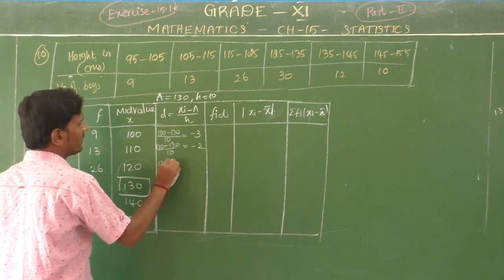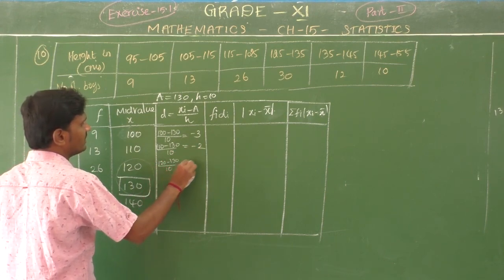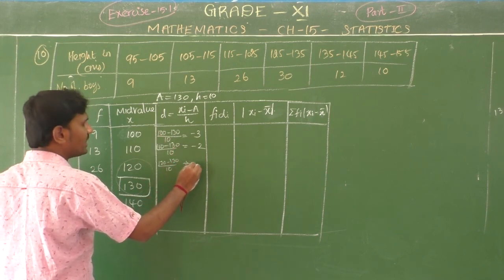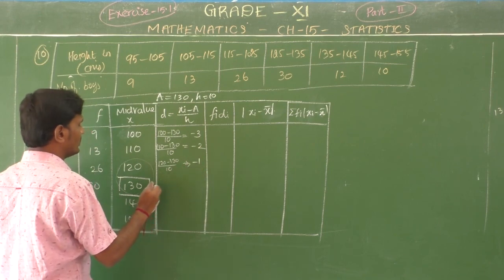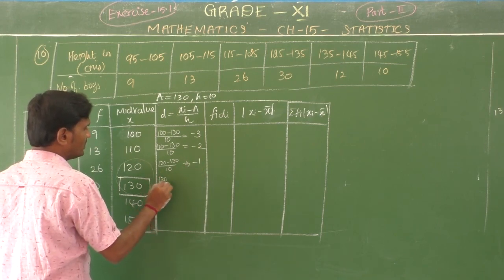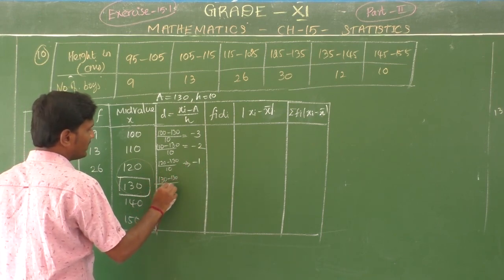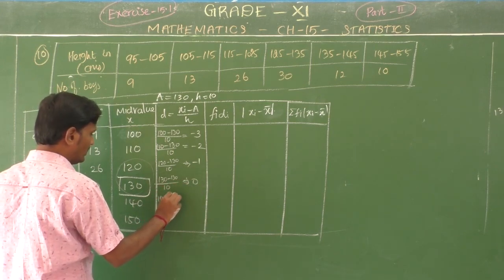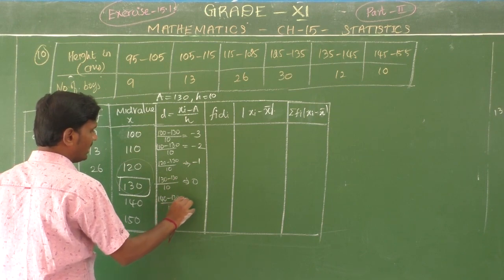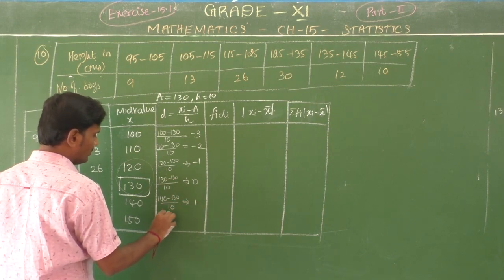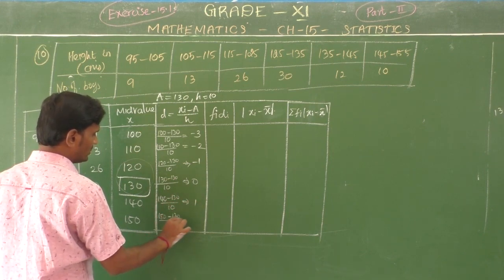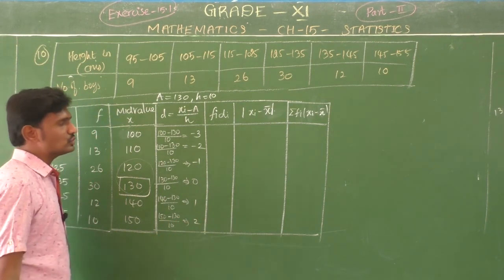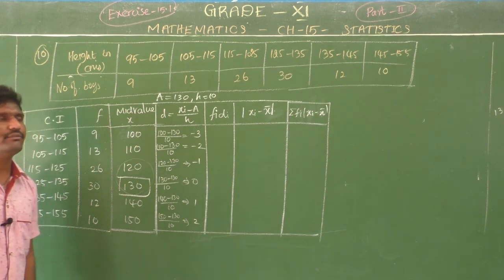Then 120 minus 130 divided by 10 is minus 1. Then 130 minus 130 divided by 10 is 0. Then 140 minus 130 by 10 is plus 1. Finally 150 minus 130 by 10 is 2. So these are the values of d.